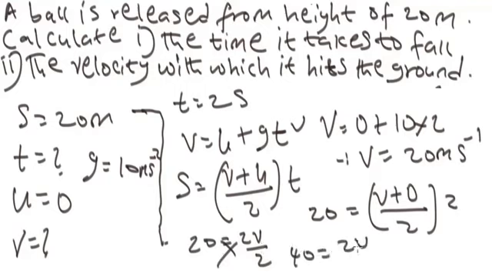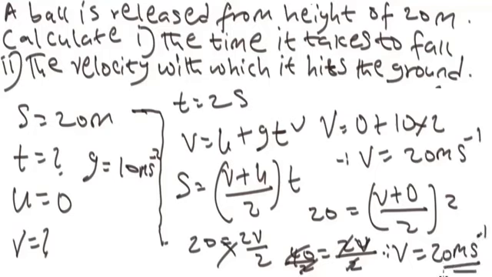To make v the subject of the formula, divide both sides by 2. Therefore 40 divided by 2 is 20, so v equals 20 meters per second. So either way works, guys. It's as simple as that.